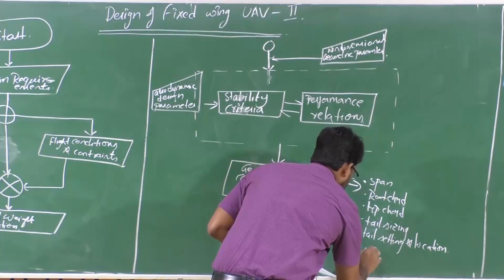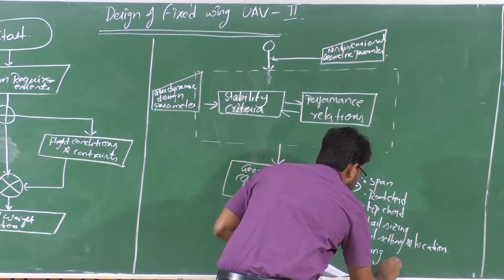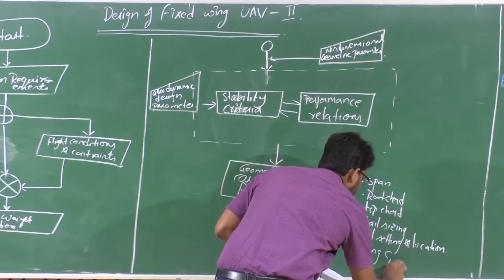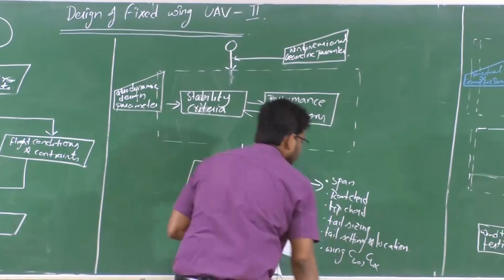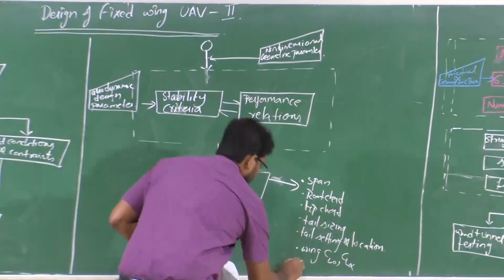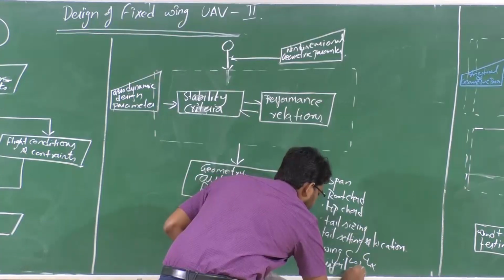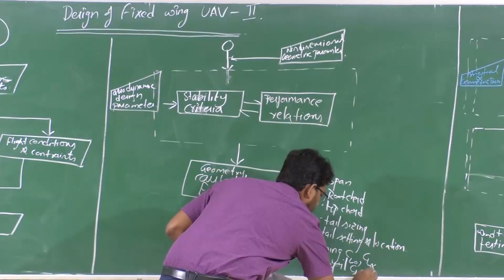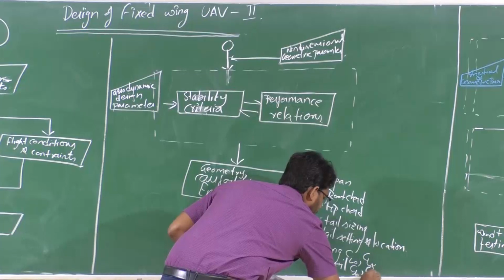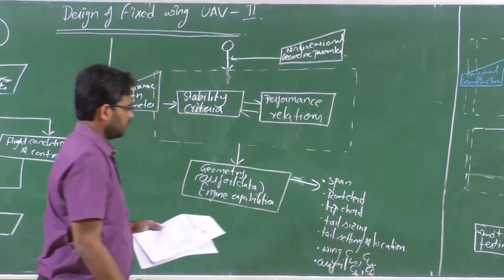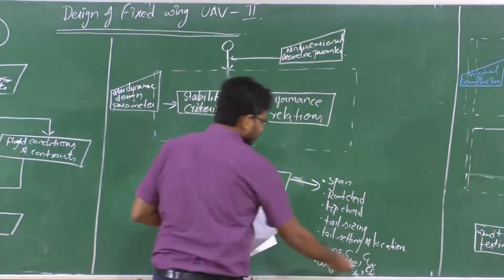Then wing characteristics in terms of CL0, CL alpha, right? And the airfoil characteristics in terms of two-dimensional properties, CL0 and CL alpha.